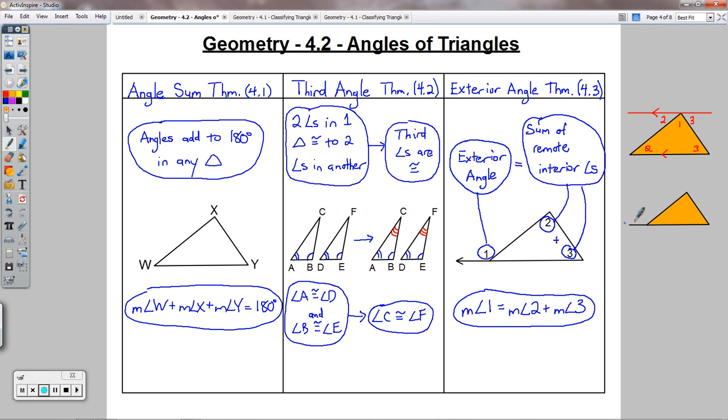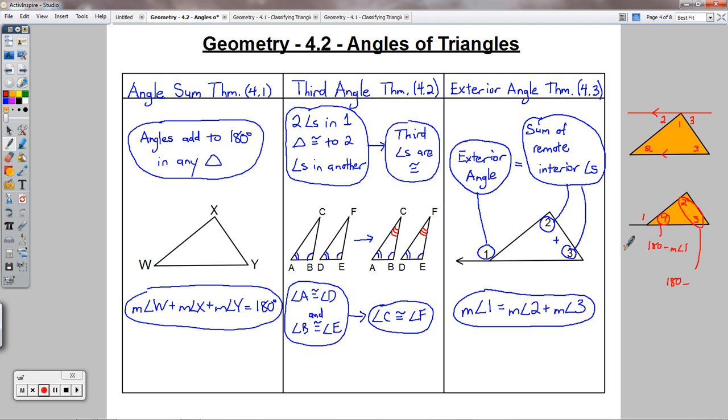And then, with a picture again, I'll quickly explain why this works. If this is 1, 2, and 3, we know that this one would have to be 180 minus the measure of angle 1. Let's call this angle 4.